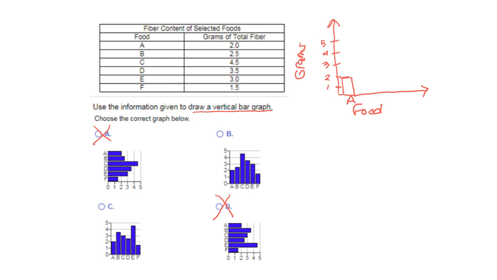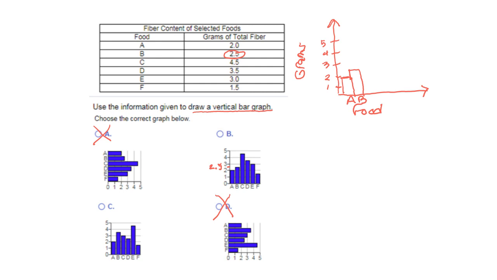And then B is going to be a height of 2.5. I'm getting that from, again, the chart. So it's in between 3 and 2. And I'll call this B. So if you take a look at B, the answer, you can see that the height of that bar is about 2.5.